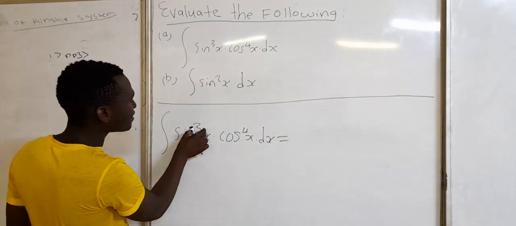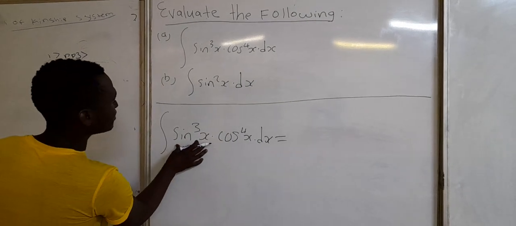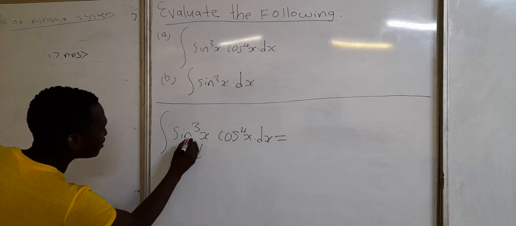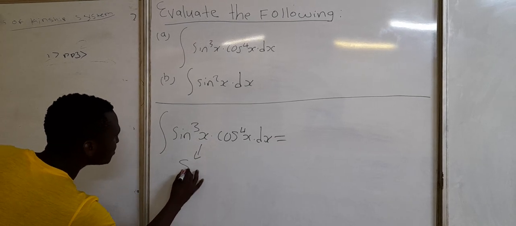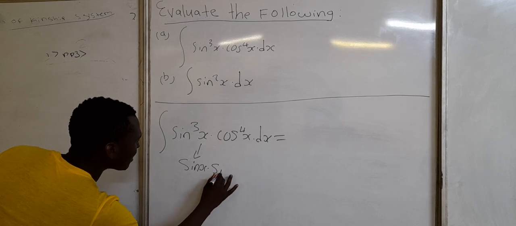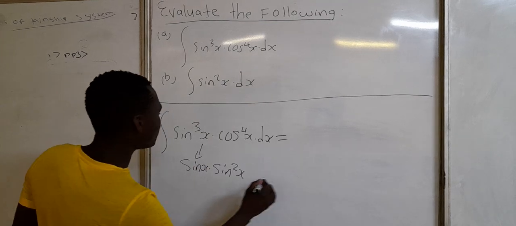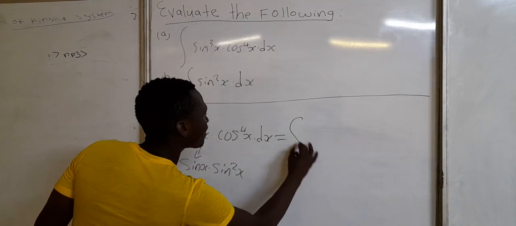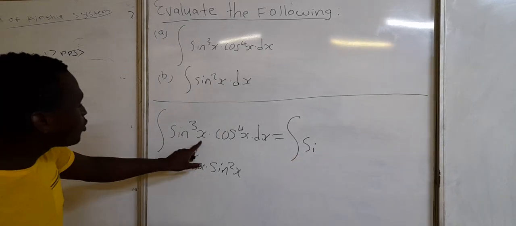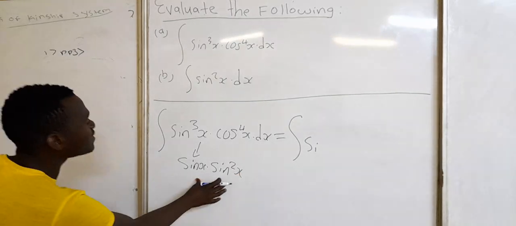Since you can see there is 3 and 4, that means I can split this sine cube x to be sine x times sine square x. Okay, let me write it this side. This will be the integral of, where there is sine cube x, we are going to put sine x times sine square x, because this is the same as this.